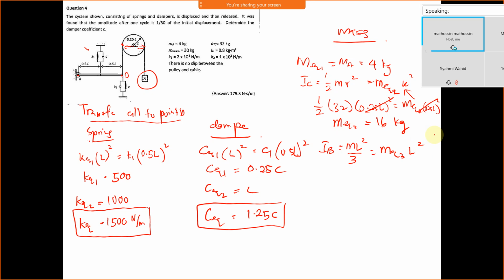Okay, L square. Then from here, L square potong, maksudnya M equivalent number 3 must be M over 3, which is M of beam adalah berapa? 30, isn't it? So 30 divided by 3.